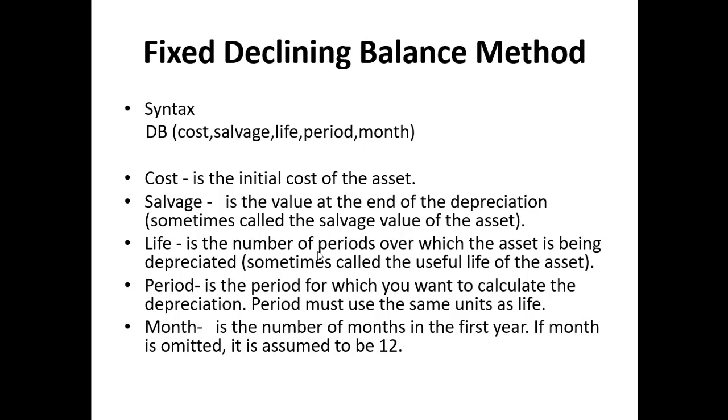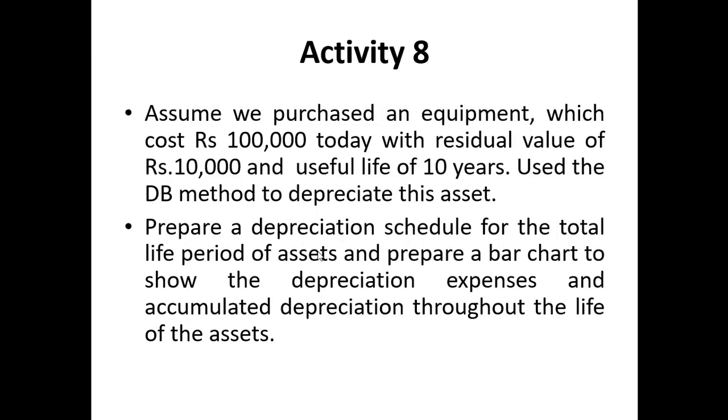So we may work this out through an example, then things would be more convincing. Assume we purchase an equipment which costs 100,000, residual value 10,000 and useful life 10 years. You can use the same set of information as earlier and work out the depreciation.